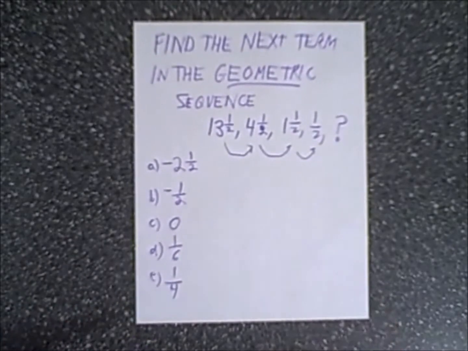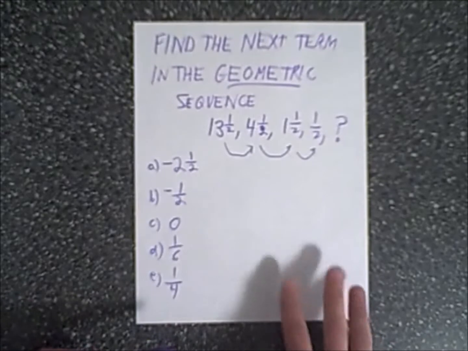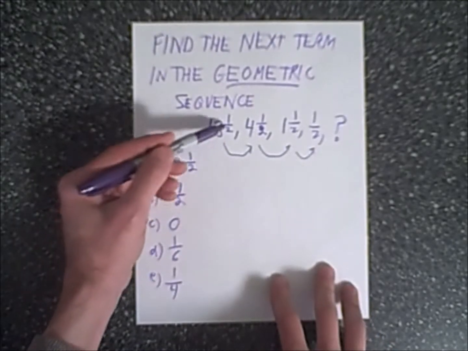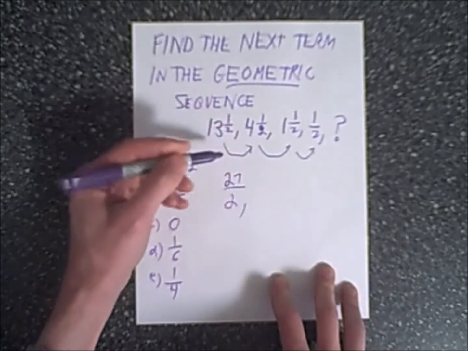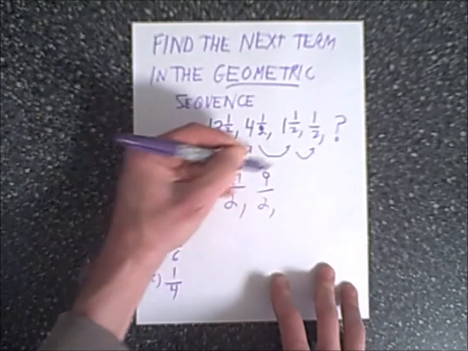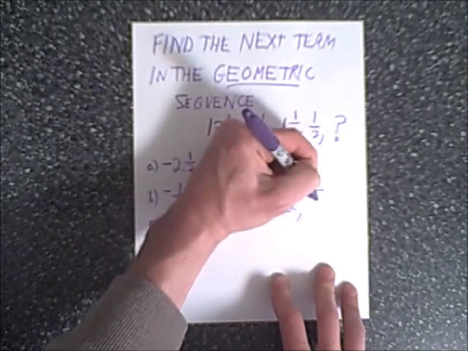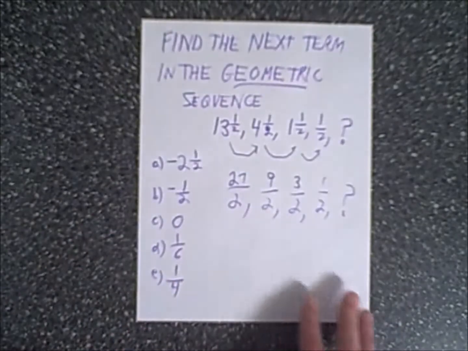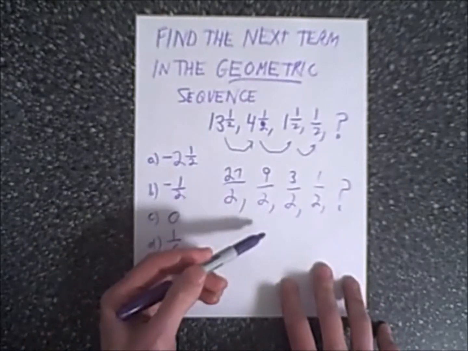So it looks a little confusing, but if we were to change this to improper fractions, it would reveal our answer. So 13½ is the same as 27 halves, and 4½ is 9 halves, and 1½ is 3 halves, and then we have 1/2. And now we're looking for this answer. What do you notice? Well, the denominator stays the same, 2.